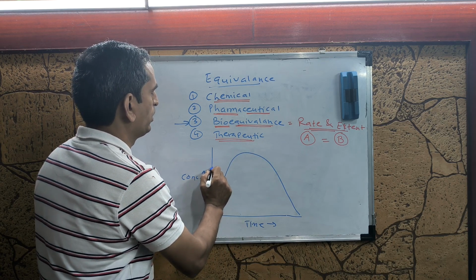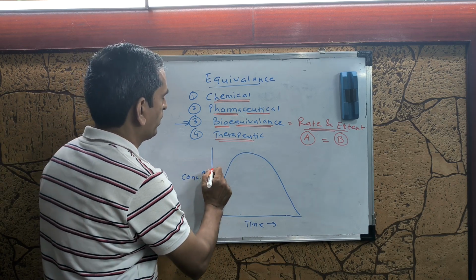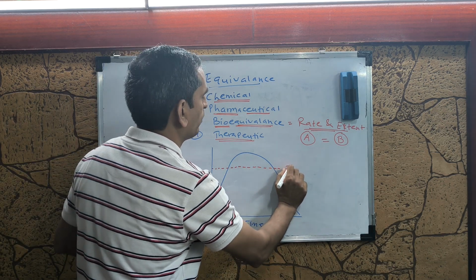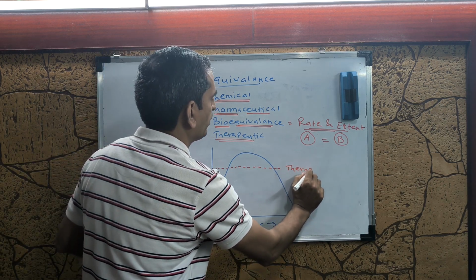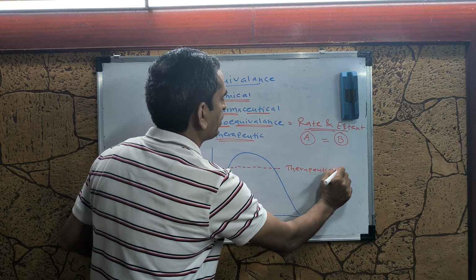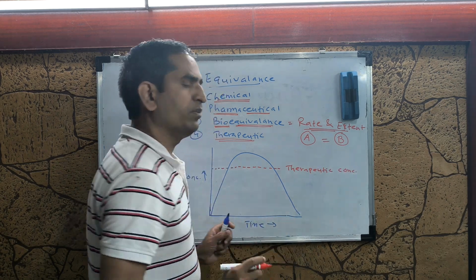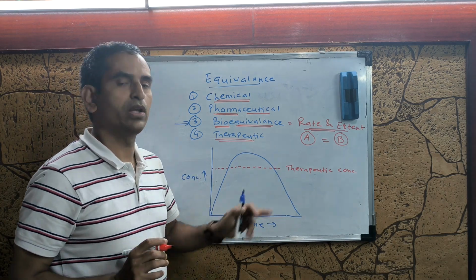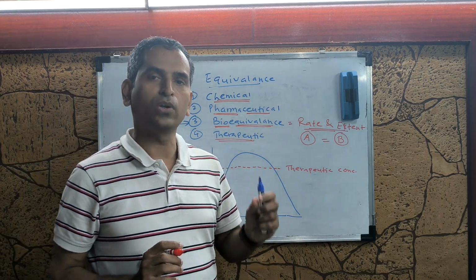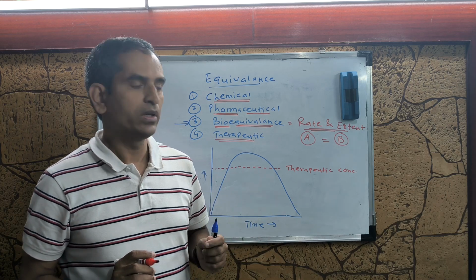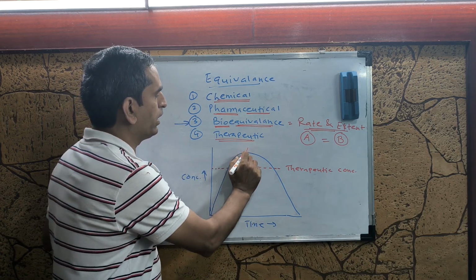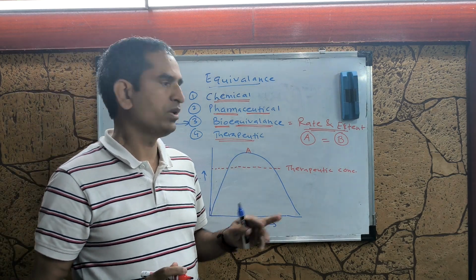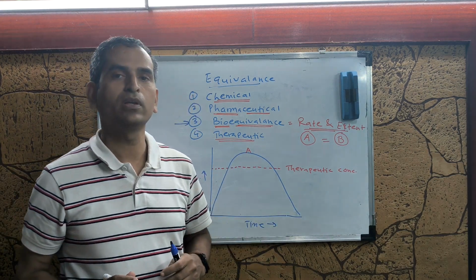So suppose this is my therapeutic concentration. What is the meaning of therapeutic concentration? This much minimum concentration is needed for the drug to produce action. Now drug A has crossed the concentration which is required for producing therapeutic effect.